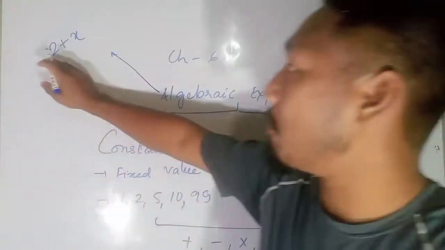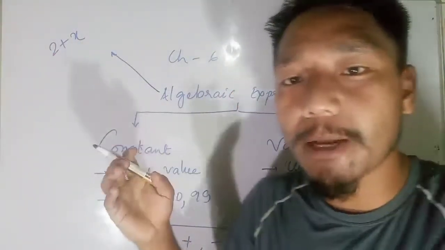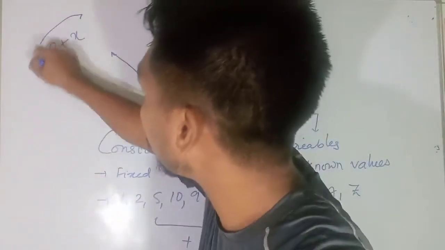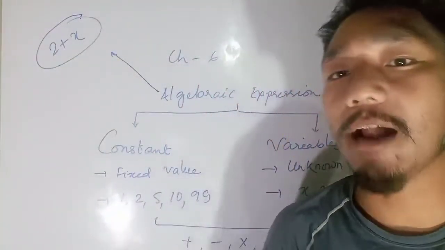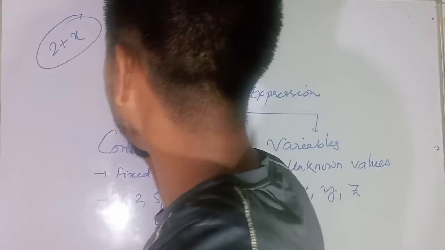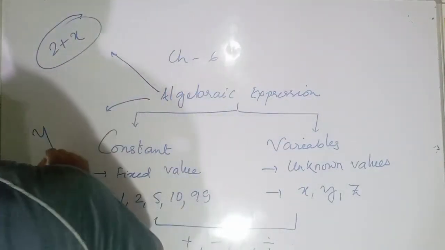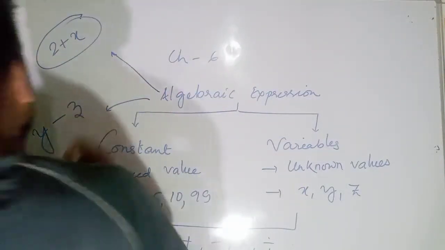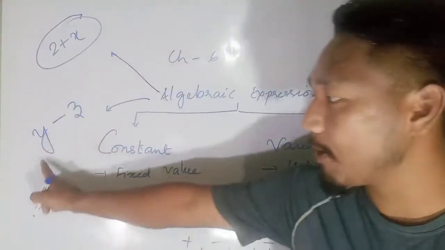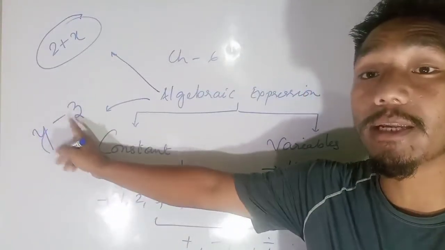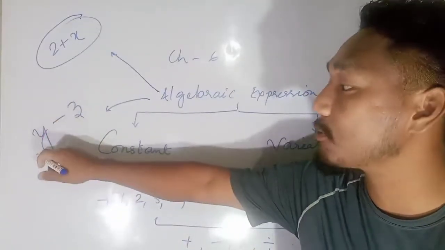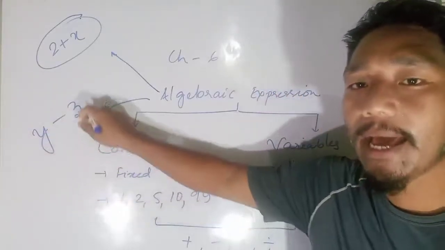They are connected by the addition sign. So such types of expression we call an algebraic expression. Now, y minus 3. y is an unknown value, 3 is a constant. They are connected by minus. That means this is also an algebraic expression.